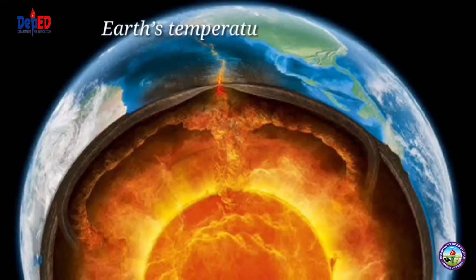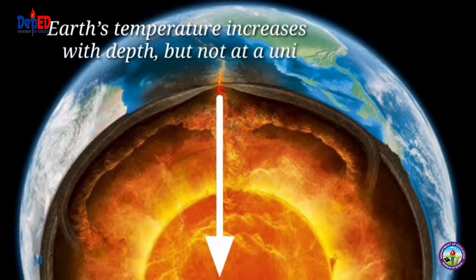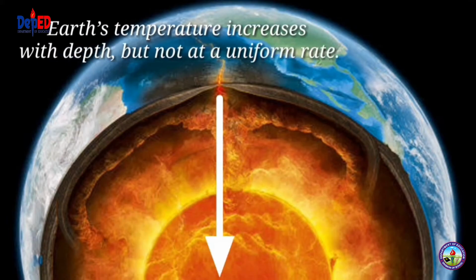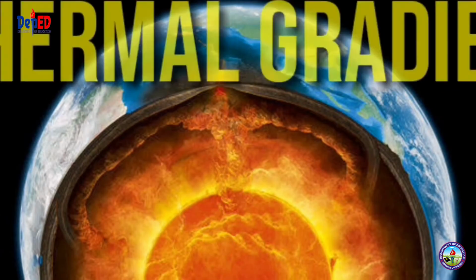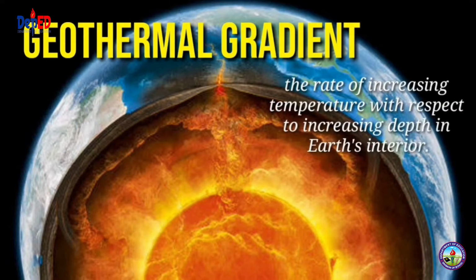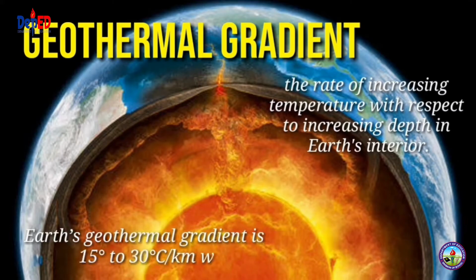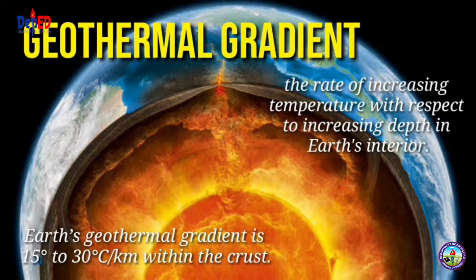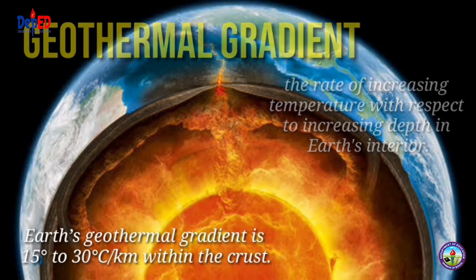Earth's temperature increases with depth, but not at a uniform rate. This is called the geothermal gradient, which refers to the rate of increasing temperature with respect to increasing depth in the Earth's interior. Earth's geothermal gradient is 15 degrees to 30 degrees Celsius per kilometer within the crust.